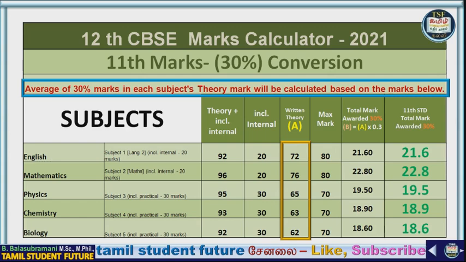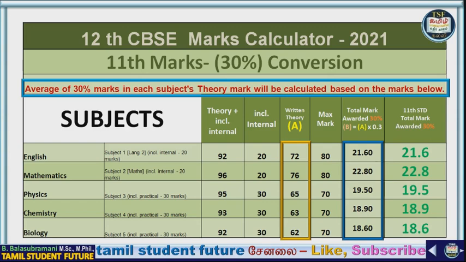English and Maths are out of 80, Physics, Chemistry, Biology out of 70. The total marks B equals A into 0.3, that is 30 by 100.